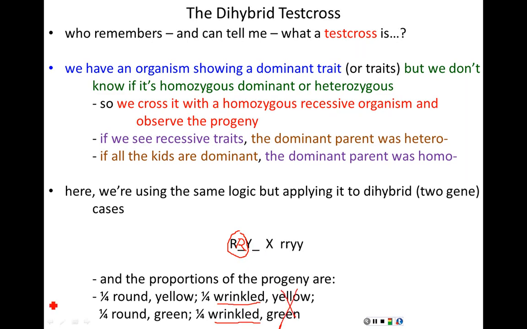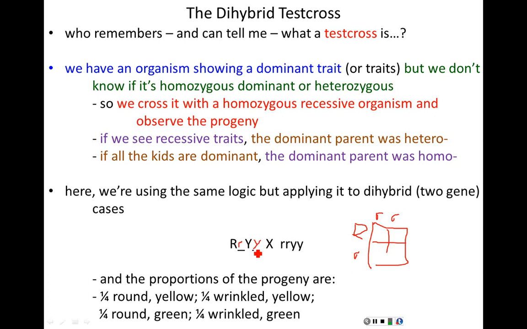So if half of the offspring are wrinkled, then most certainly we had to have had a recessive allele here in this parent. And then it makes sense that half of the offspring are wrinkled, because if we predict taking our heterozygotic parent and mating it with our homozygotic recessive, we would see half of those individuals showing the dominant trait and half of them showing the recessive. Now we consider seed color.